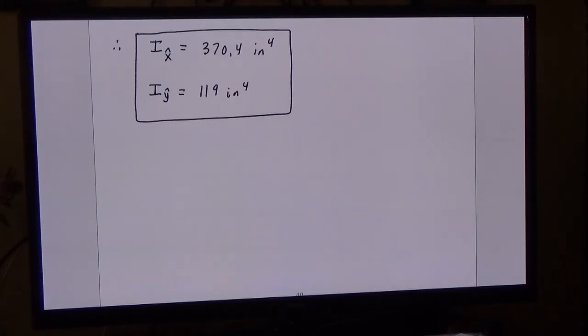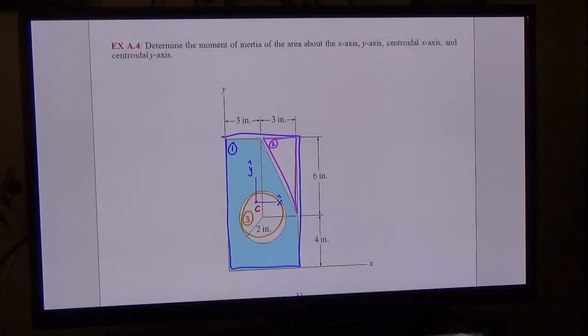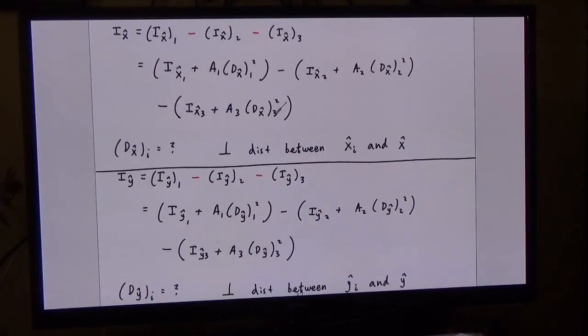So, next time it asks if I want to find the moment of inertia about the body's centroidal axis, whether it's x or y, this is then the process that you would have to go through. And the equation that we had right here, you could generalize to any other type of body, right? You would find I about x hat for the part, and then use the parallel axis theorem to move that moment of inertia to the new axis.